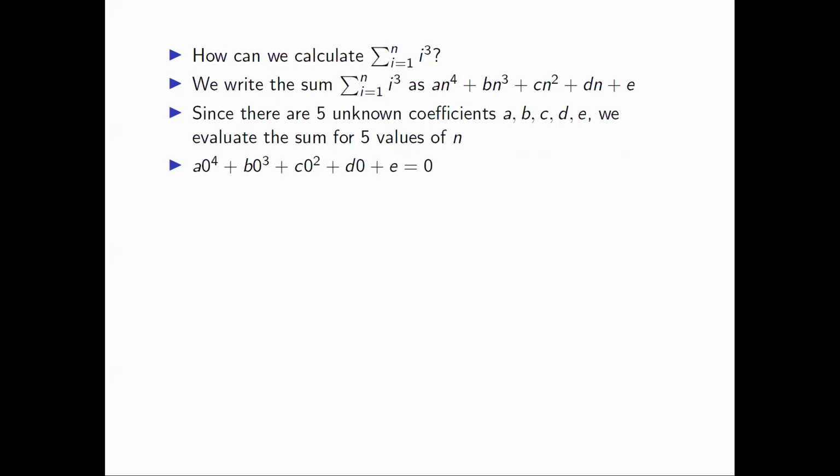So that tells us that a times 0 to the 4th plus b times 0 cubed plus c times 0 squared plus d times 0 plus e equals 0.